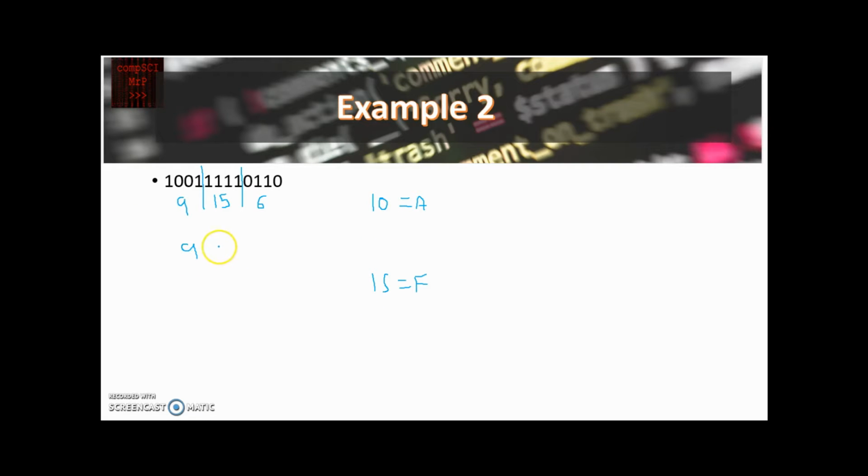We use F. 9, F, 6 is the equivalent to 1001, 1111, 0110. Can you see how hexadecimal allows you to shorten this 12-digit binary number into 3 digits like these? I'll just show you another example shortly.